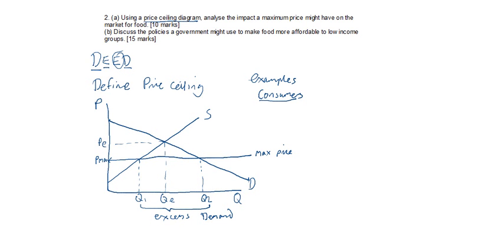However, because we've got this excess demand, it creates some problems. It may cause a black market. It will create problems in terms of how do we decide who gets these now. Okay, so we'll have to have some form of rationing.